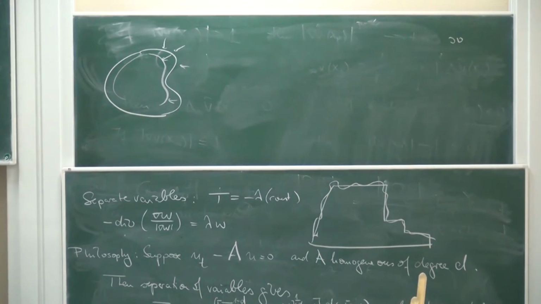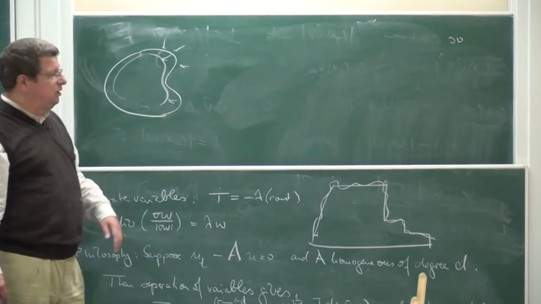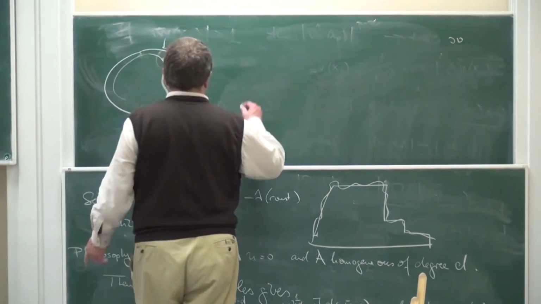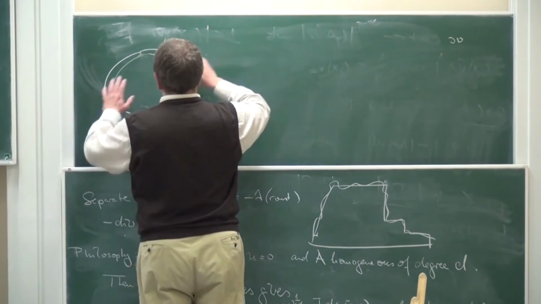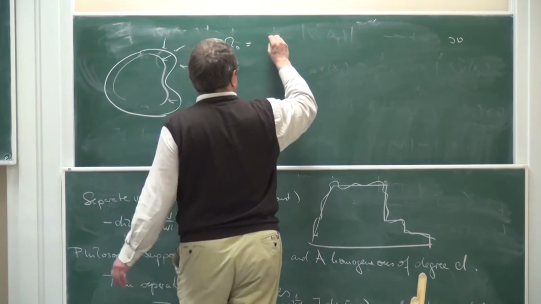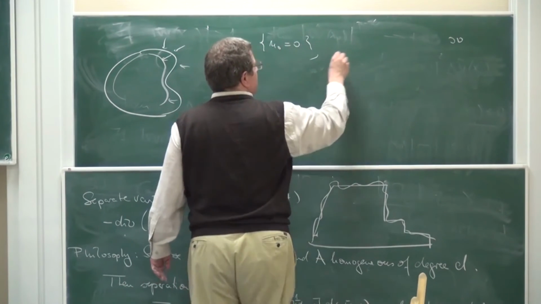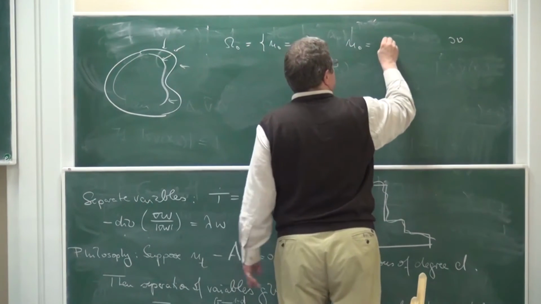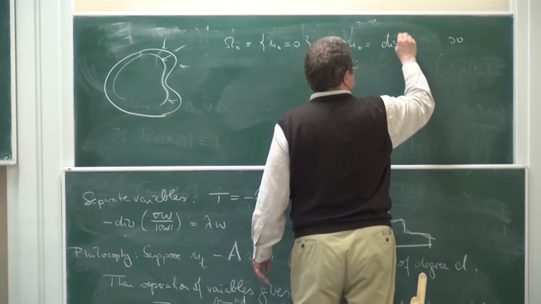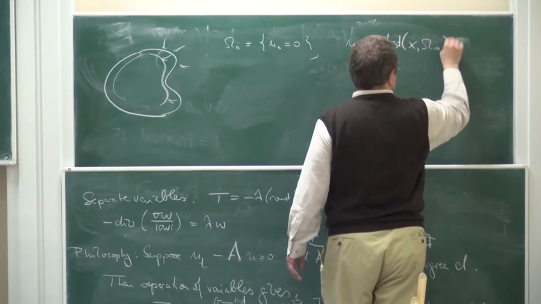One way to describe this is to take this set as a level set of a function. Suppose the set omega 0 is the set on which u0 is equal to 0, and u0 is the signed distance function of x to omega 0.